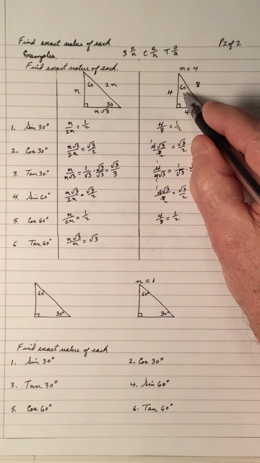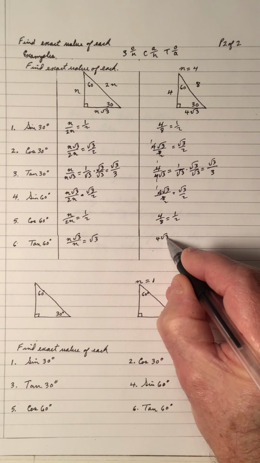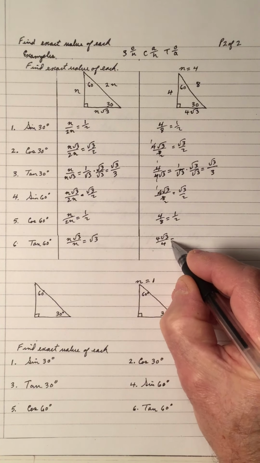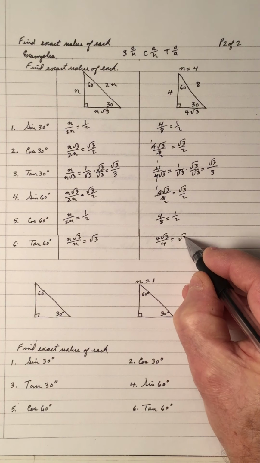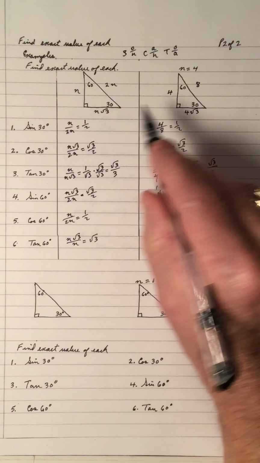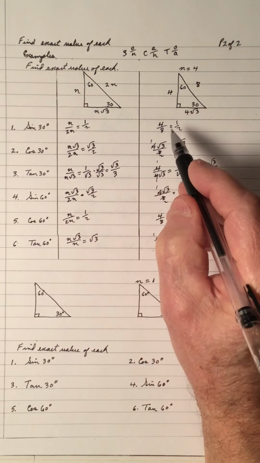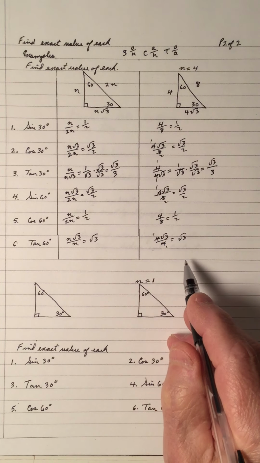And the tan of 60 is opposite over adjacent, so it's 4 root 3 over 4. The 4's cancel to give you a root 3. And notice the triangles are similar, so the ratios of the corresponding angles are always the same.